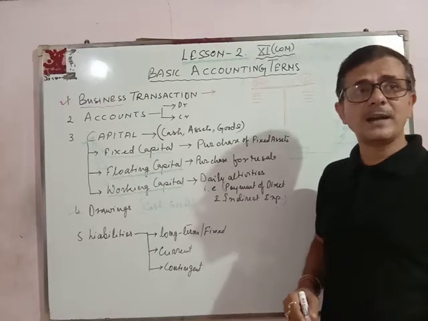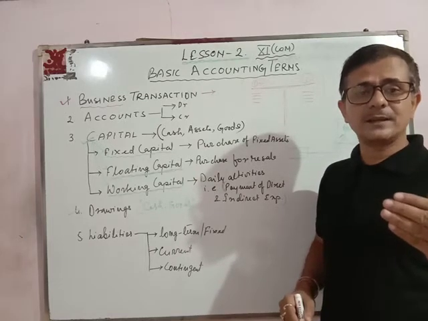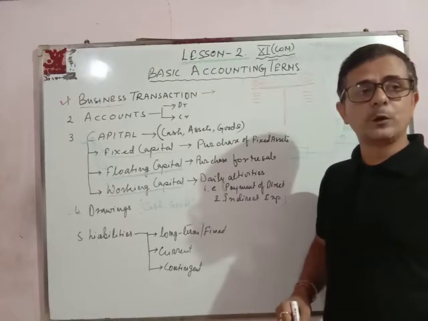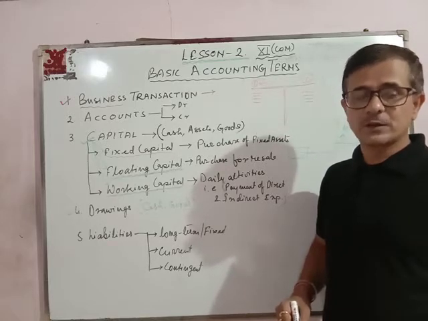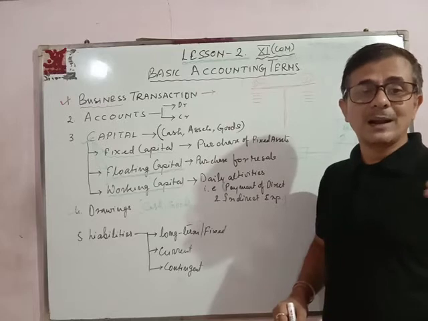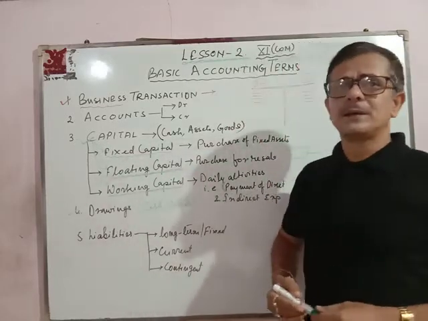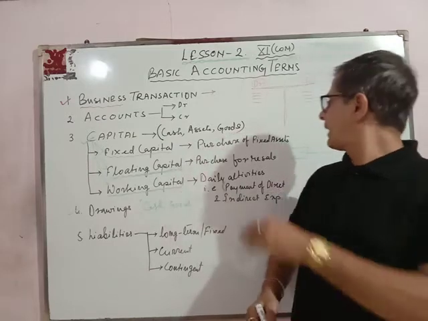If you take money on a loan basis, that means you are liable to repay the amount to the person from whom you have taken it. So that is your liability. Then another example I'll give. Suppose you have taken a loan to open up your business.